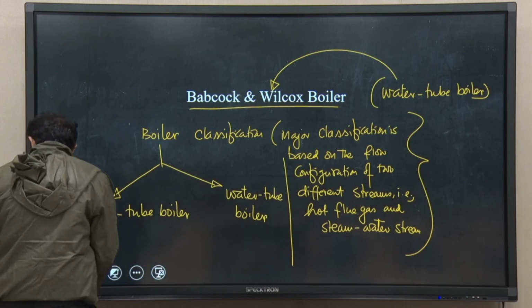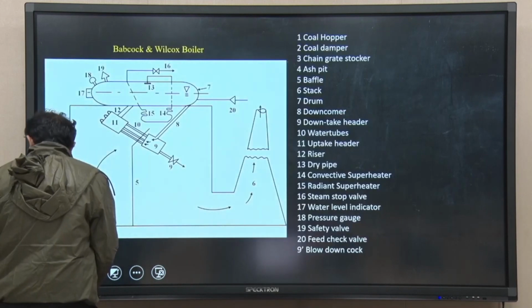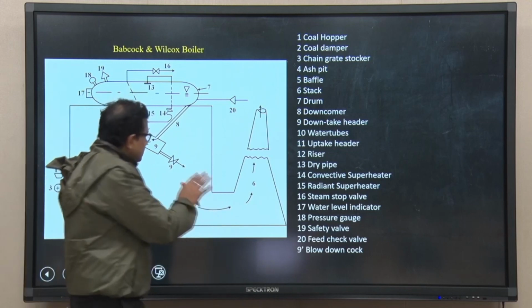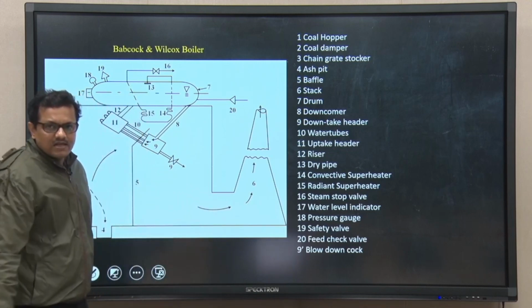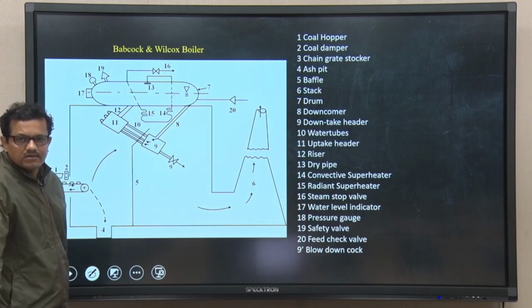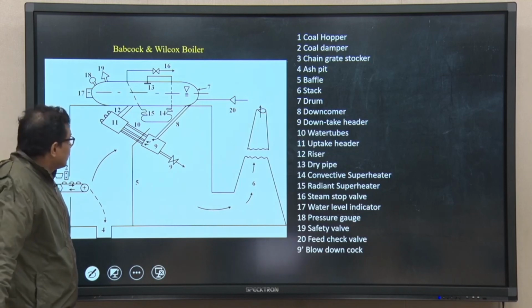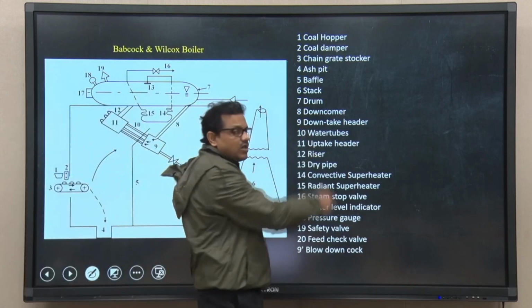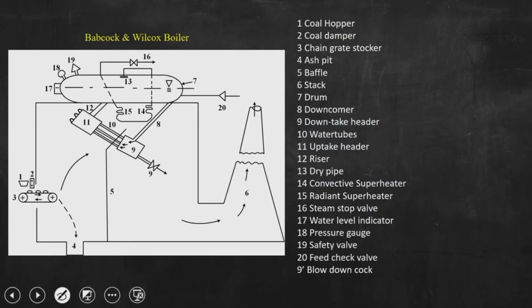Now, let us come to the schematic depiction of this type of boiler; this is the cross sectional view. You can see there are several components. I have labeled all of them, and I have also described them in the right panel of this slide.